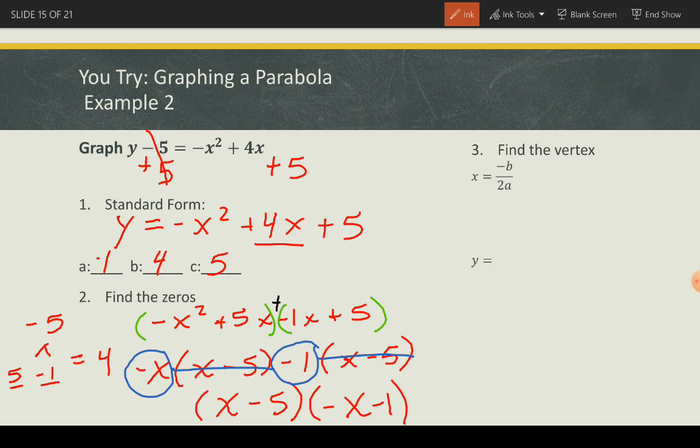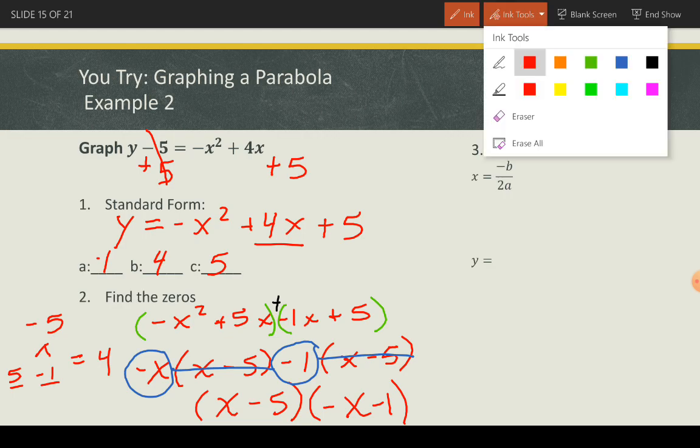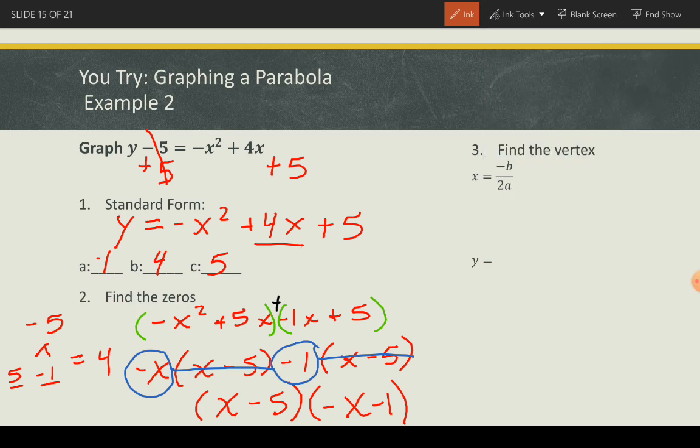Okay. And the last step is to find the zeros, and that means we're going to set both of our factors equal to 0. So we'll have x minus 5 equals 0, and negative x minus 1 equals 0. So for this 0, we'll have x equals 5. And for this 0, we have to do 2 steps. So we'll add 1 to both sides.